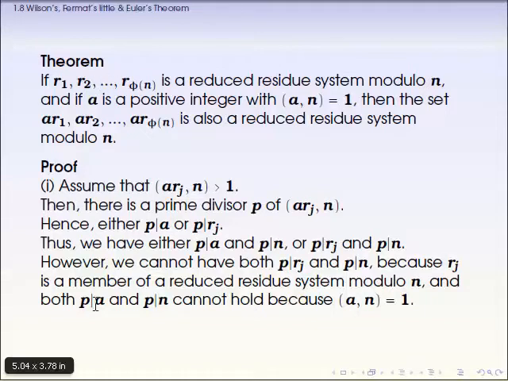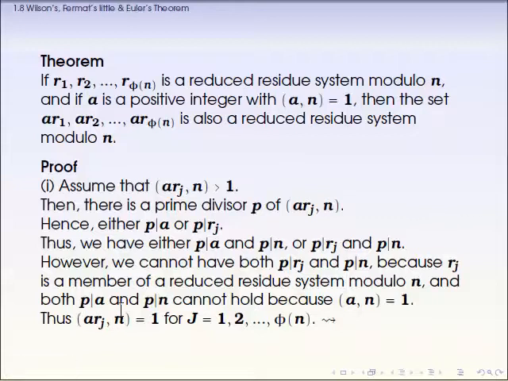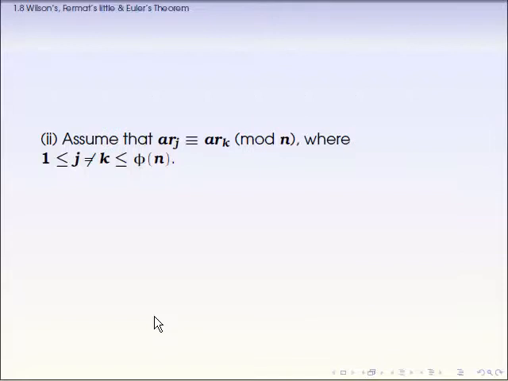And p being a divisor of a and a divisor of n at the same time is also impossible, because a and n are relatively prime. Therefore a rj and n must be relatively prime for any j. So it should be small j here, from 1 through phi of n, which means any integer in this set must be relatively prime with n. That's clear.